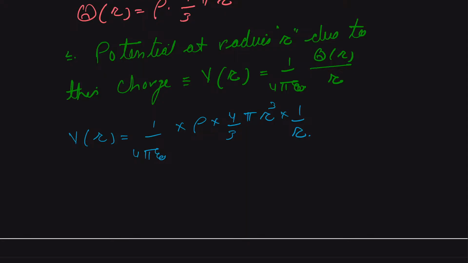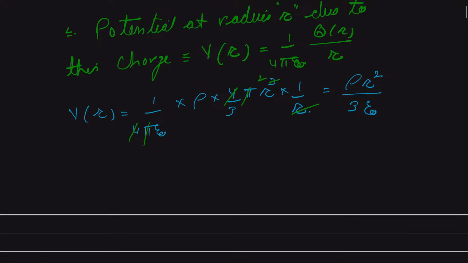We can easily solve it. The 4 pi and 4 pi cancel, and r goes by square. So we get rho r square upon 3 epsilon naught. This is the potential because of the charge q of r.